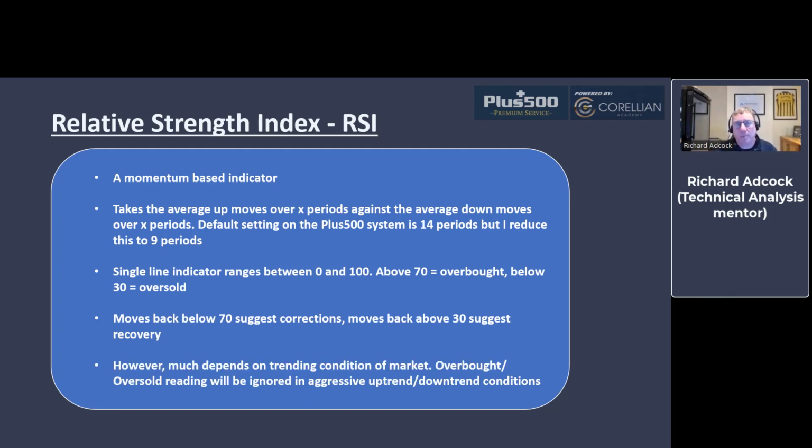Now, a problem with the RSI and any momentum-based indicators we've touched on over previous weeks is that quite a bit depends on the trending condition of the market. And we know that overbought and oversold readings will be ignored when we're seeing aggressive up or down trending signals.